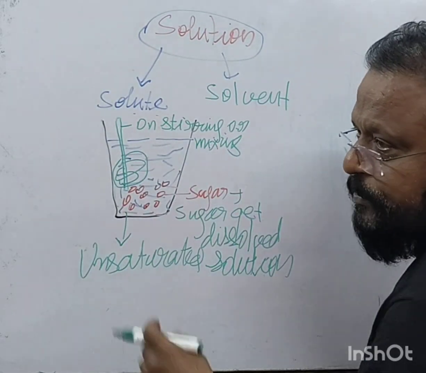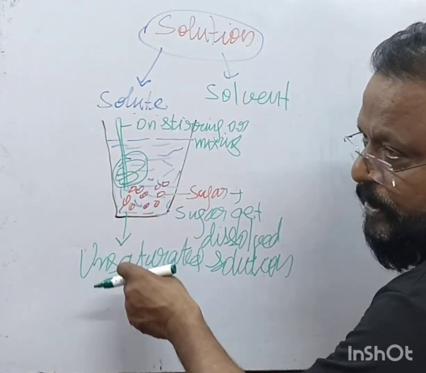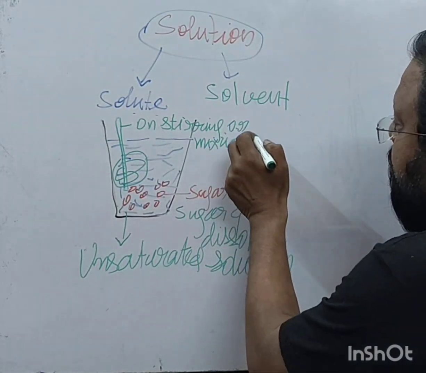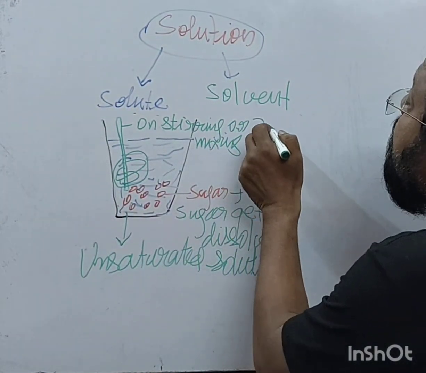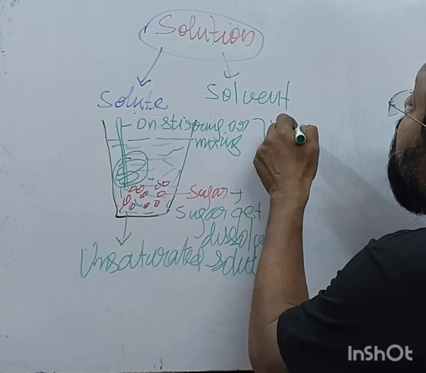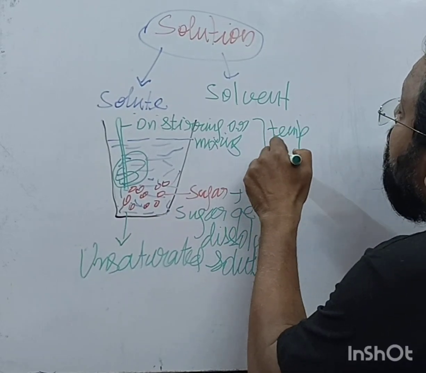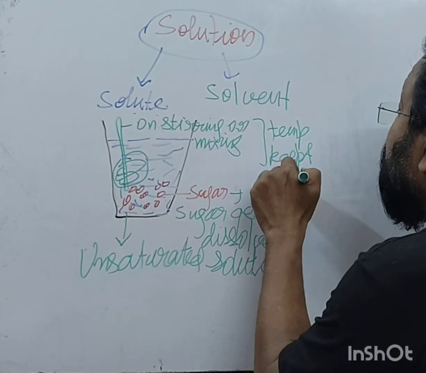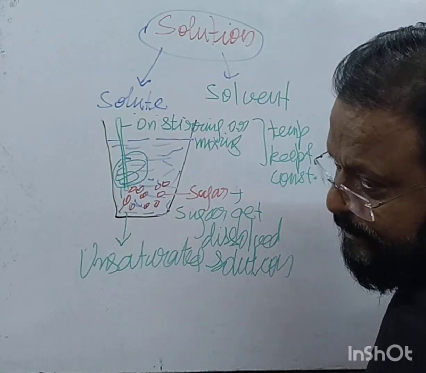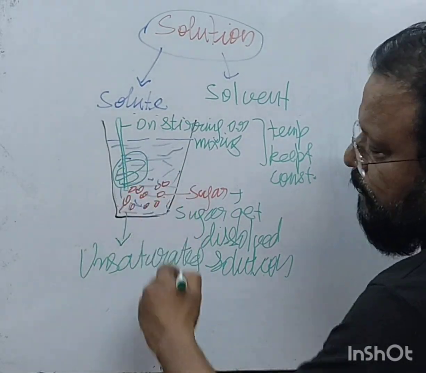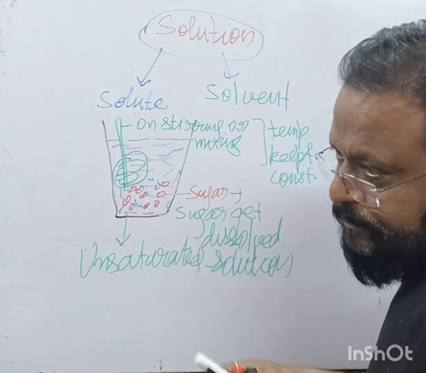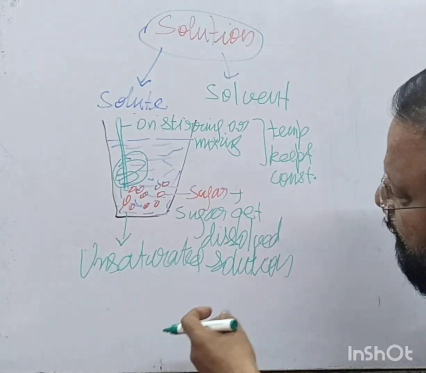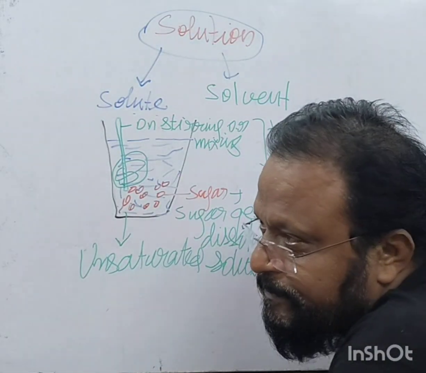You have taken a glass of water, you put sugar in it, then you stir it, and the temperature is kept constant. You're not increasing the temperature, right? So when you stir, you increase the sugar, and it gets dissolved. When it gets dissolved, it is an unsaturated solution.